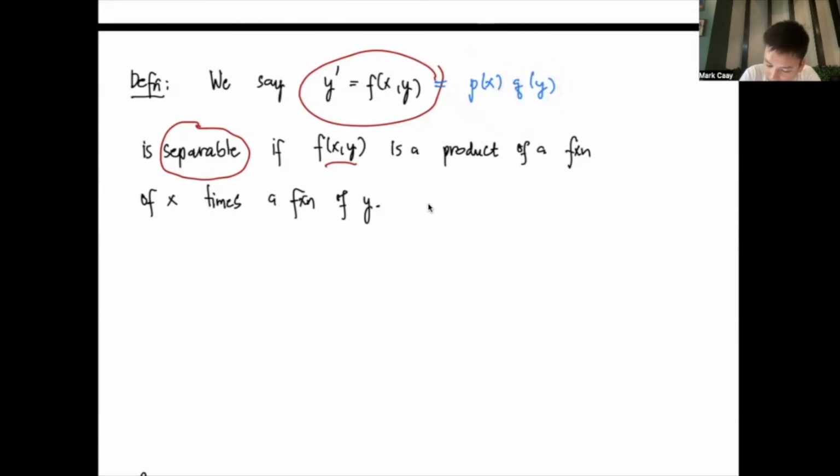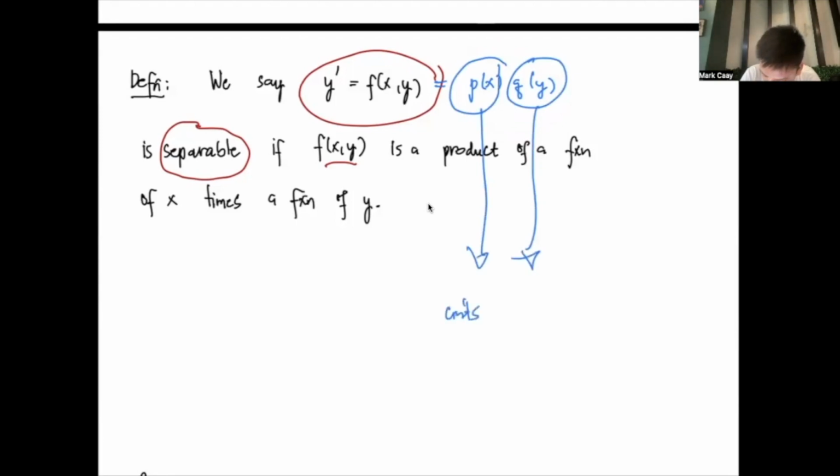And these are all continuous on I sub x if we talk about p of x, and I sub y if we talk about q of y. What are these I sub x and I sub y? These are the corresponding intervals that represent the domain of your given differential equation.